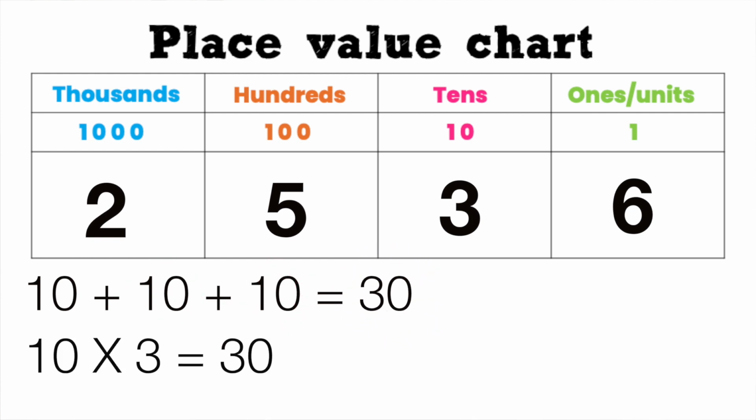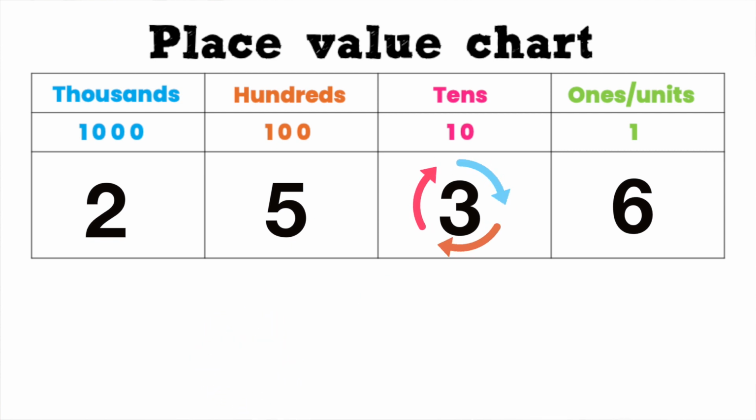We can also say 10 times 3, okay? And that is 30. So the value of the digit 3 in the number is not 3, but it's 30. You got it? Great.